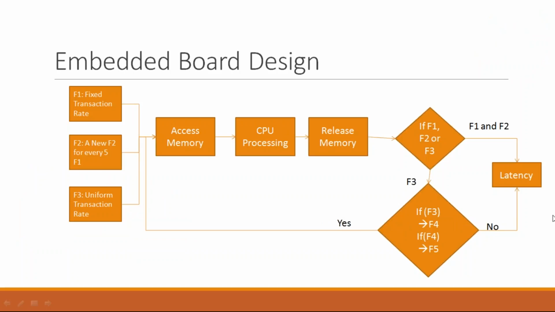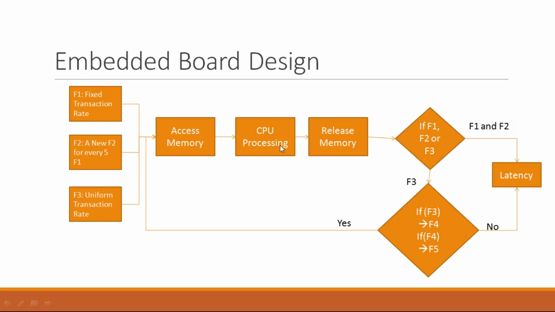So here's a detailed block diagram of the proposed system. Here we have 3 different tasks, and then you have a memory access before doing any processing on the CPU. Then you have your CPU processing itself, which takes the execution length you already have in the task definitions.